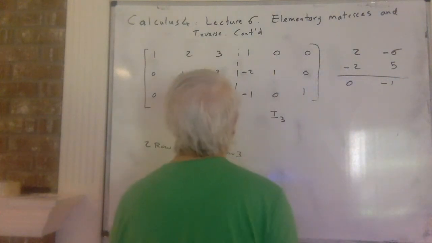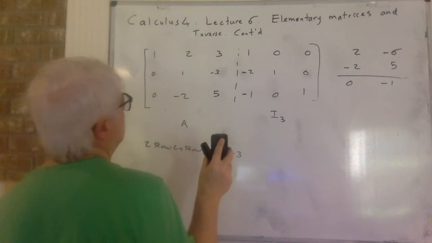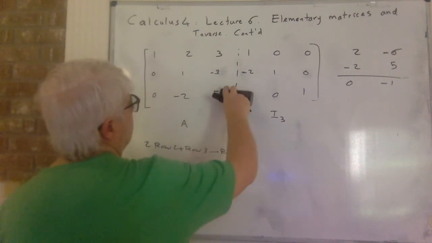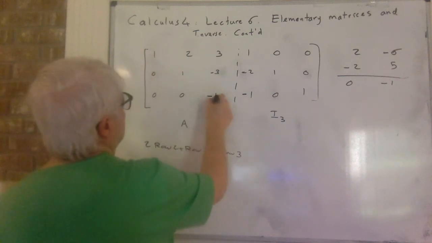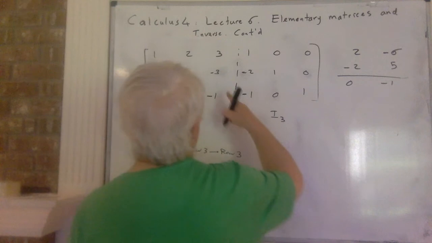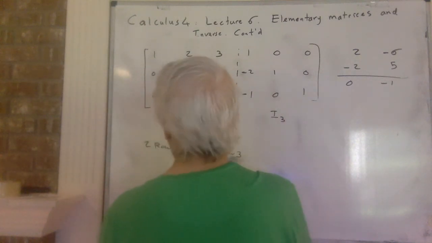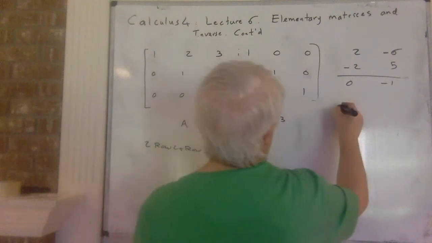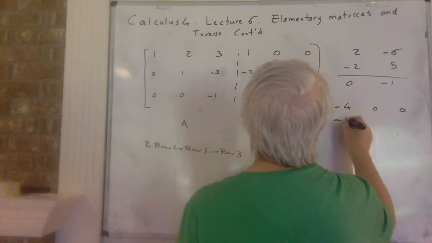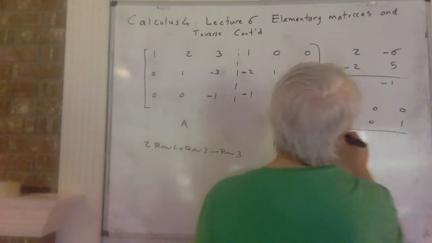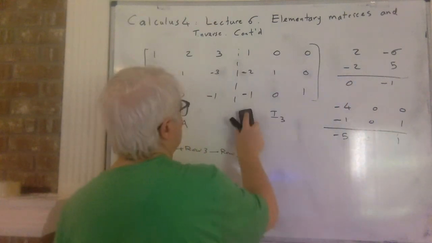Let me double check. 2, -6, -2, 5, and that is 2, 0, -1. Let's do it here. 2 times this will give me -4, 0, 0, and I have -1, 0, 1. So I will get -5, 0, 1.